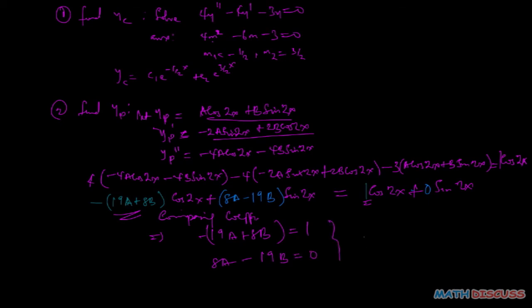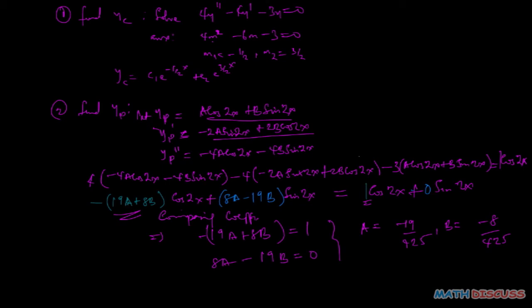So we want to solve these two simultaneous equations. When you solve them, what we have for our a is minus 19 over 425, and our b is going to be minus 8 over 425.